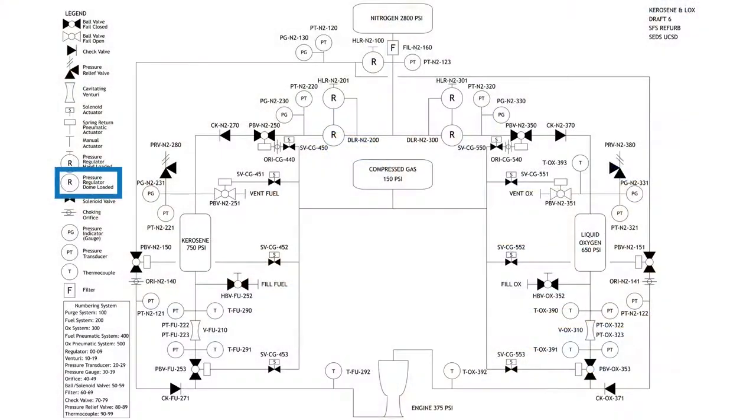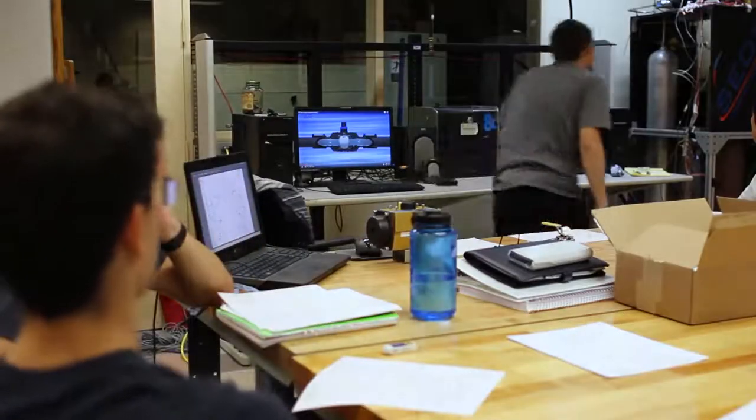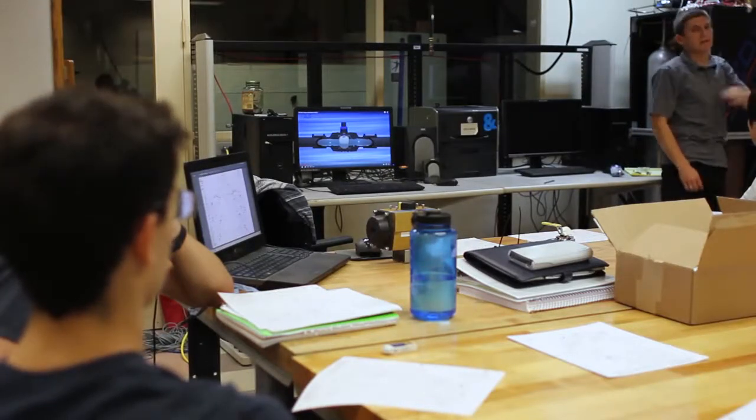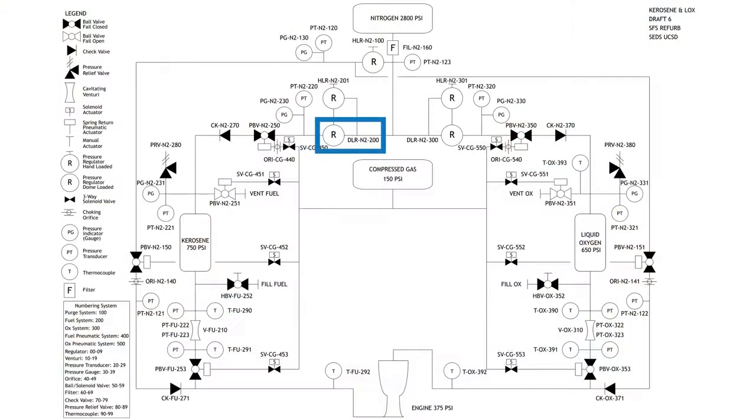The pressure regulator, dome loaded. If you look at the SFS up at the very top, this component right here is a dome loaded regulator, and this one's an inline regulator. What happens is you put a memory into the top of that dome. If you look at the diagram, DLR N2200, it's in the middle. That dome loaded regulator takes nitrogen gas, and you're going to put a memory into the top of it, and that's going to be a hand-loaded memory.